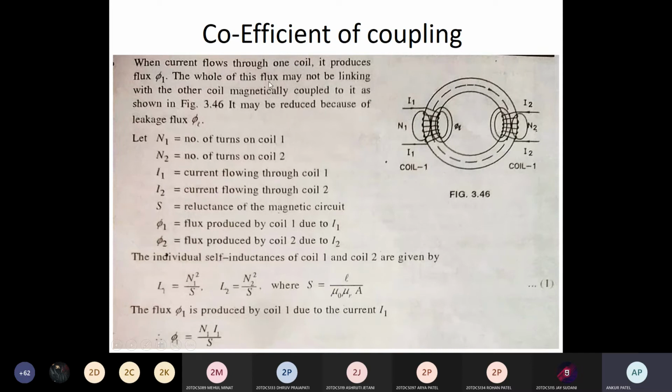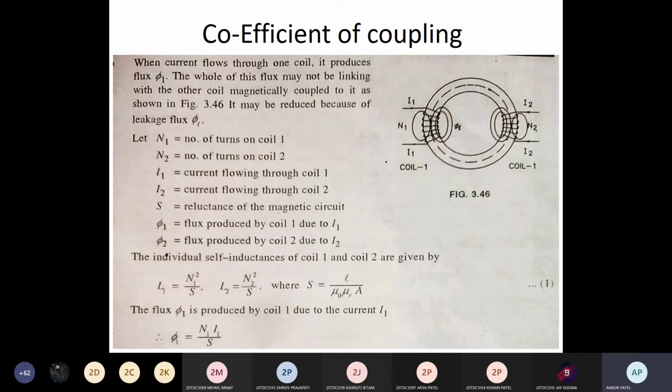So, understood what the coefficient of coupling is? Coupling means two coils are coupled, so how much coupled, that we'll see by deriving the equations. It is denoted by K.